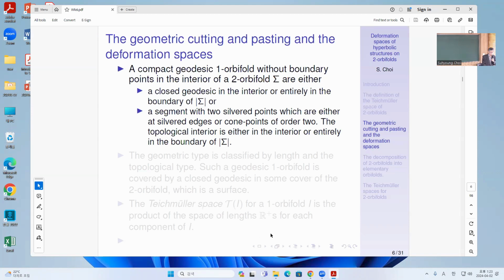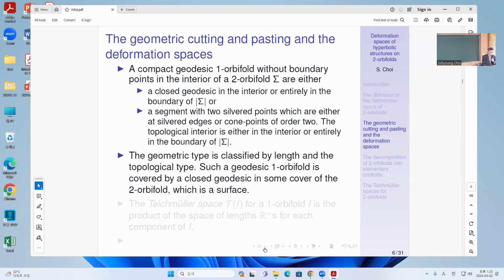So I mean the one-orbifold without boundary in the interior, right? This is one notion, and then you shouldn't break the sentence here. It's just this one, and then you should break the sentence here. It's a bit ambiguous, but in that case the geometric type is classified by the length and the topological type.